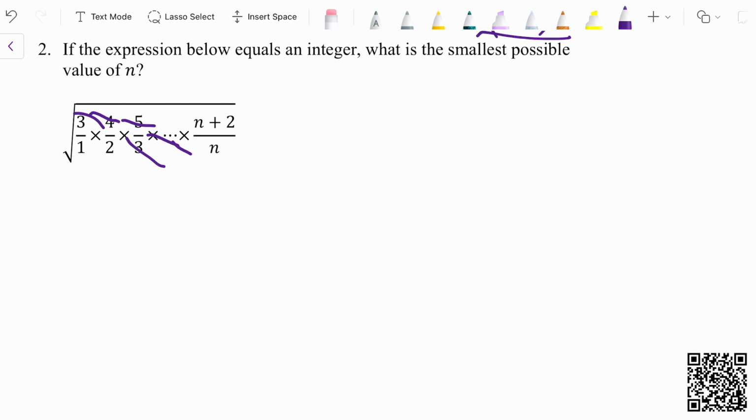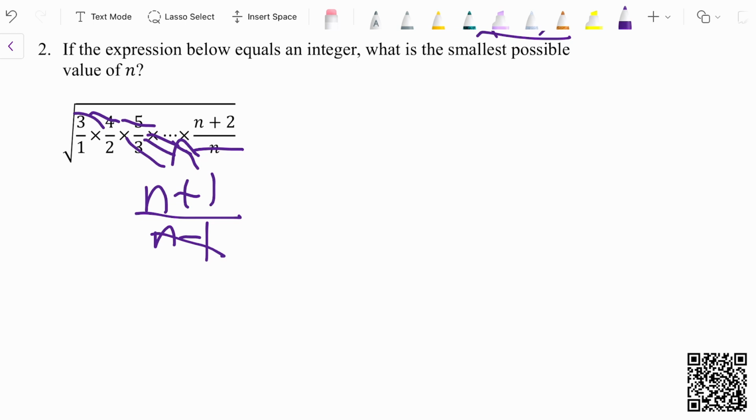Okay, so basically, we only need to know a couple things for this. Before n, there is a number n plus 1 over n minus 1. And this number is the number right before n. Since n minus 1 is going to be simplified by something 2 before it. That makes sense, right? It's going to be simplified by something 2 before.